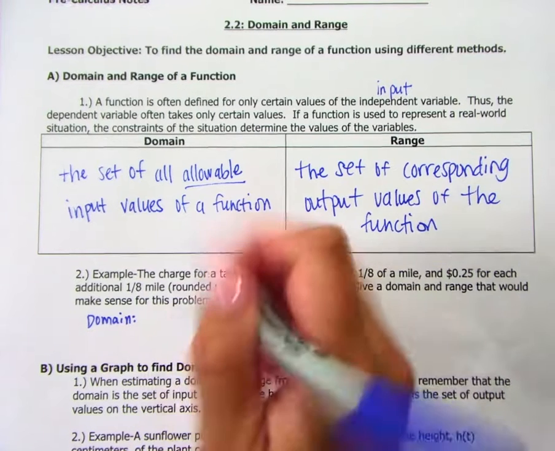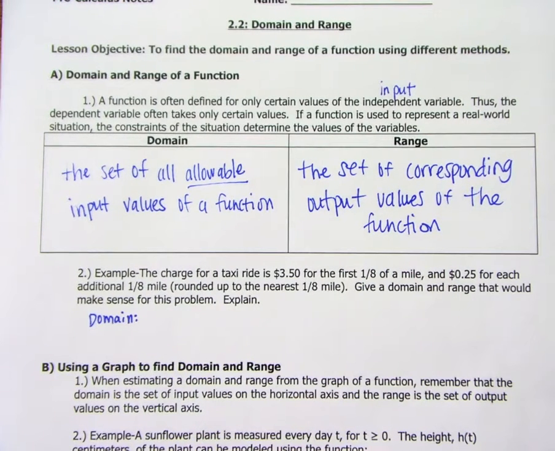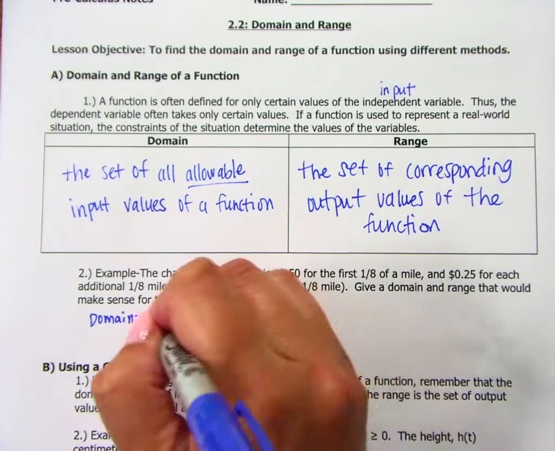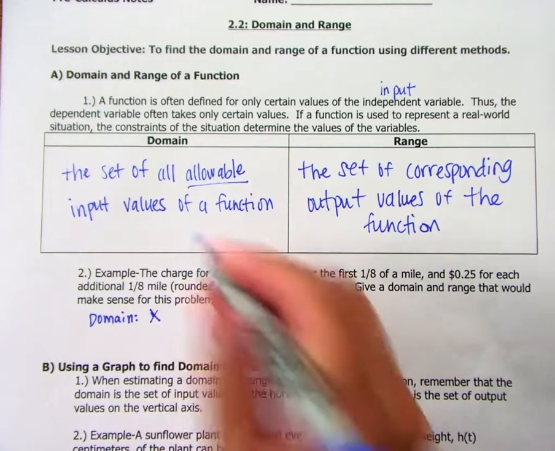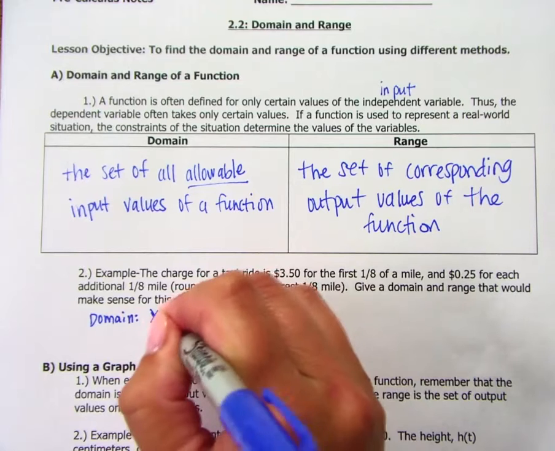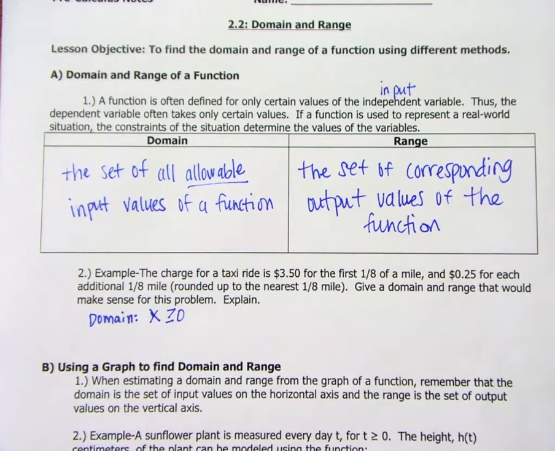If the length of the ride is the input, then the domain, which we use an x for, that's our typical input, has to be greater than or equal to 0, okay? You could get in that taxi and decide, oh wait, I don't need a taxi, I can walk to where I'm going, so you get out, the length of your ride is nothing, and then it could be anywhere beyond that, okay?